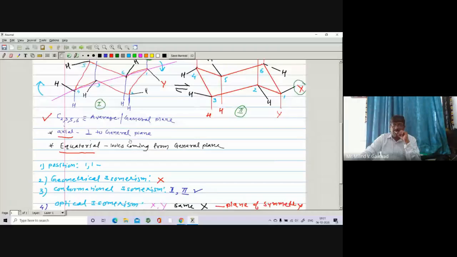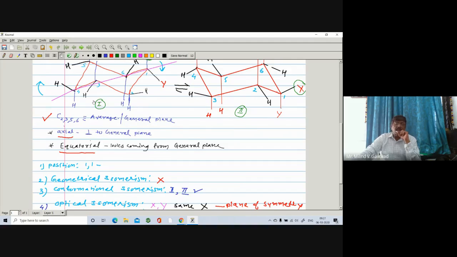We have seen what the axial bonds are, what the equatorial bonds are, how to draw them, how many there are, and how many are above and below the plane. There are six axial bonds and six equatorial bonds. Out of six, three are above the plane and three are below the plane.